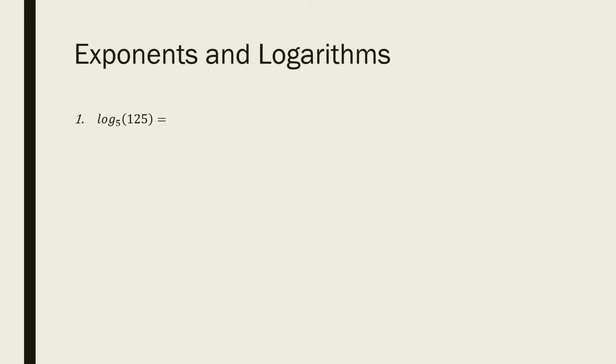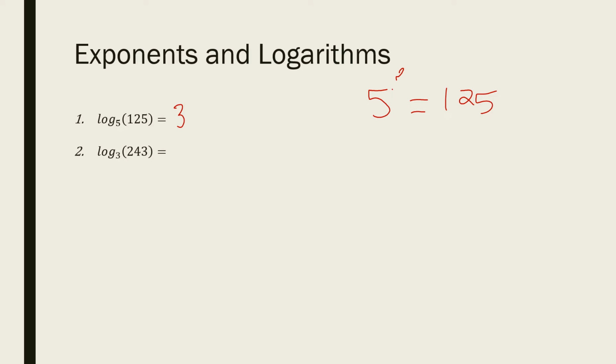Number 1. Log base 5 of 125. The question you want to ask yourself here is, 5 to what power gives you 125? 3. 5 to the third power is 125, so the answer is 3.